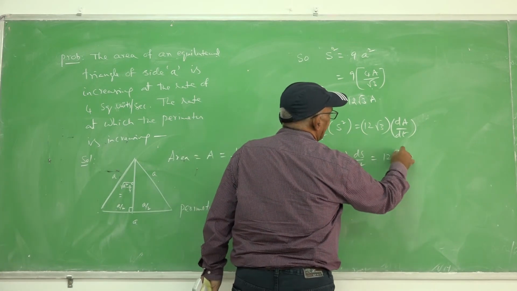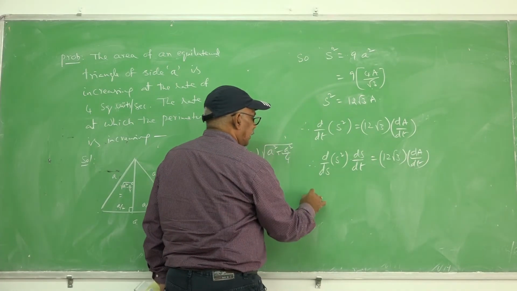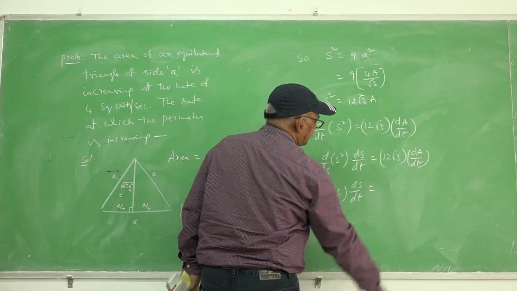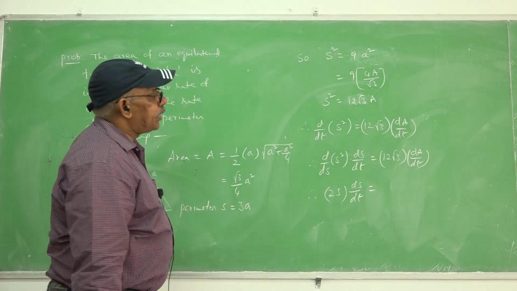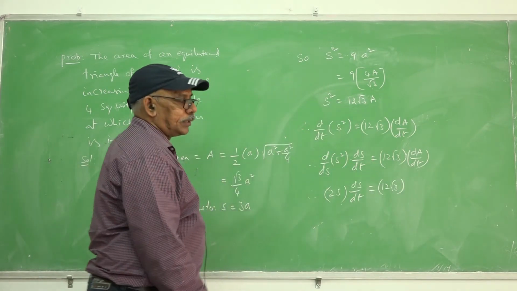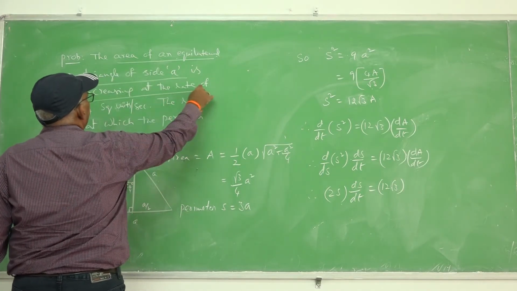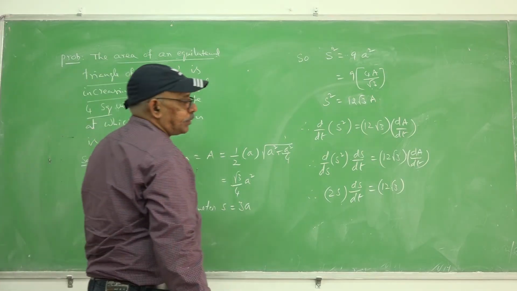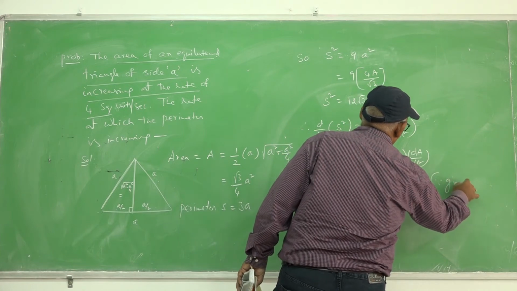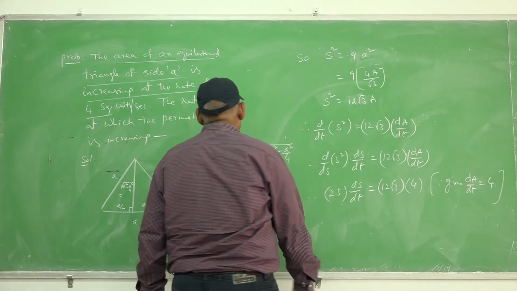That gives us 2S into ds by dt equal to 12 root 3 into dA by dt. The area is increasing at the rate 4 square units per second, that is, dA by dt is 4.